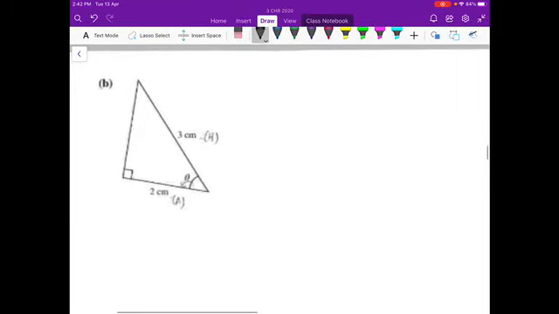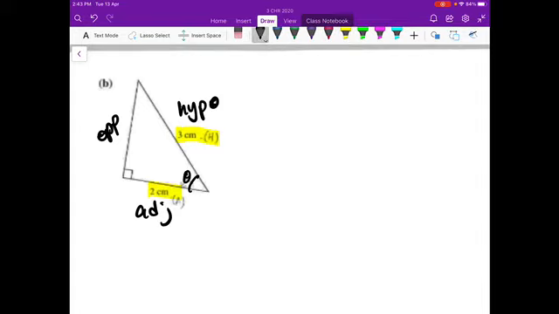Okay, find theta. If this is theta, this will be the hypotenuse. Opposite, adjacent. What shall we be using? Which trigo ratio? Cosine.